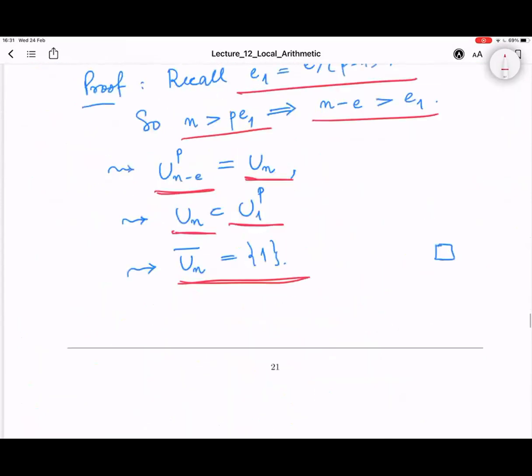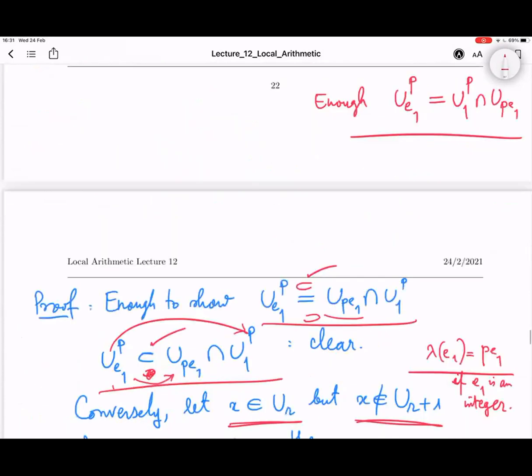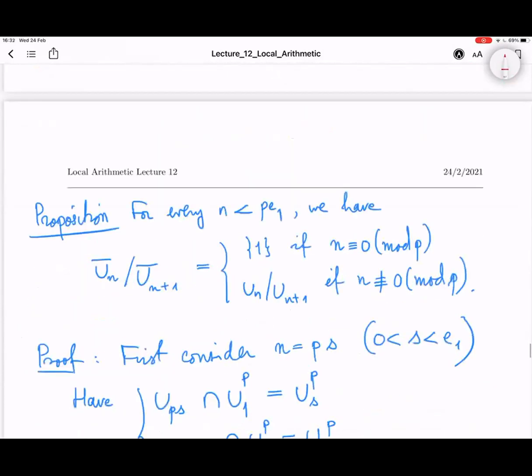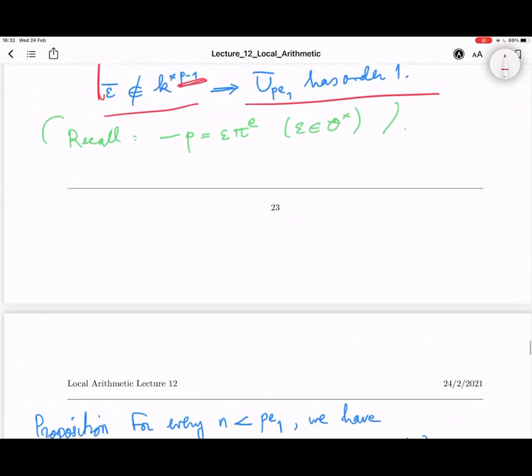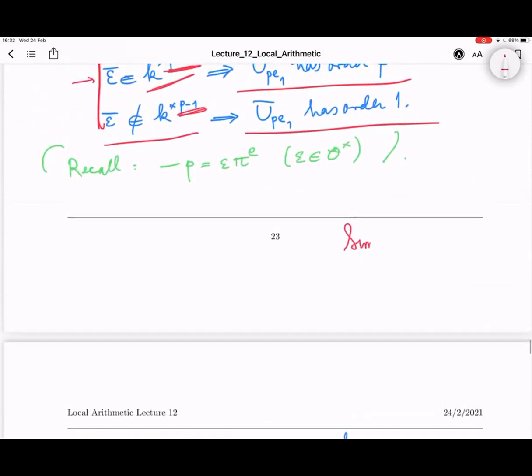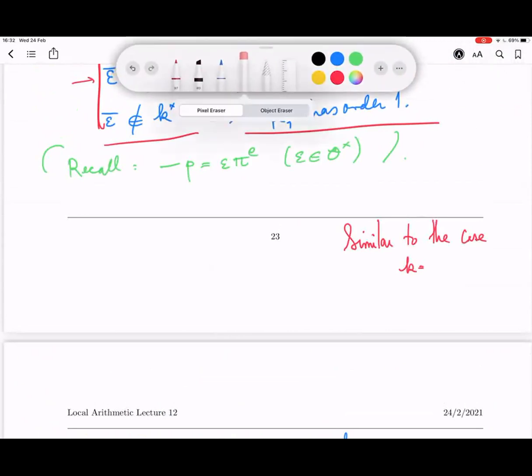Okay, so actually I can go through the rest of the thing rather quickly because this is very similar to the case capital K equals k bar series t.